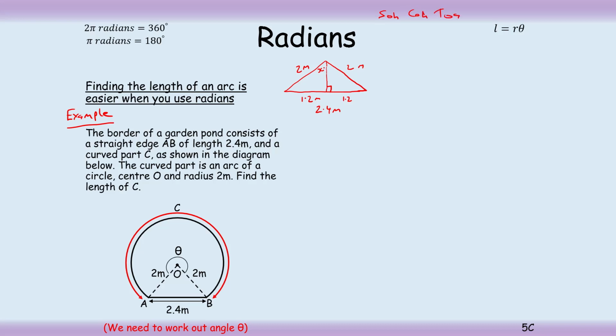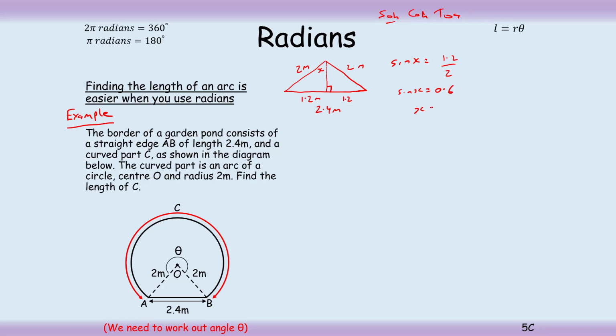And I've got, in relation to x, I know the opposite and the hypotenuse, which is sine. So sine of x is equal to opposite, 1.2 divided by 2. So sine of x is equal to 0.6.